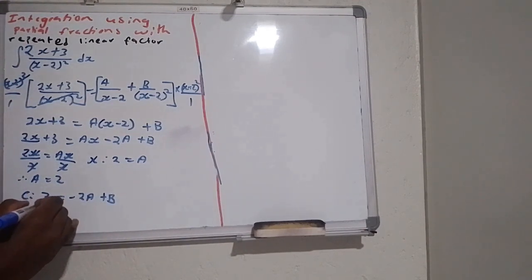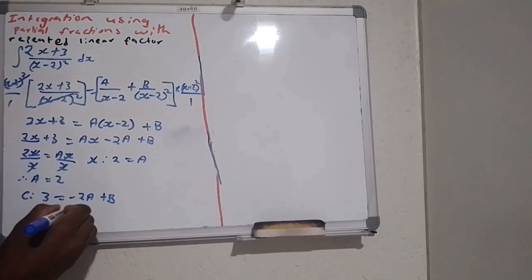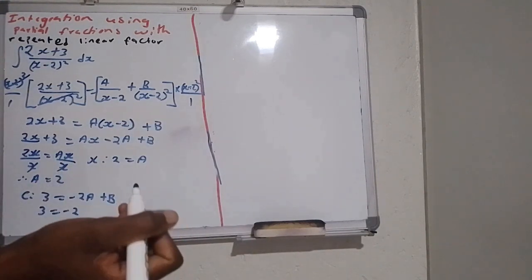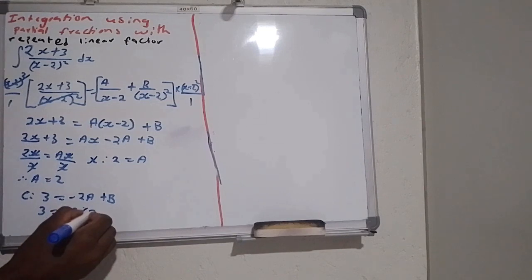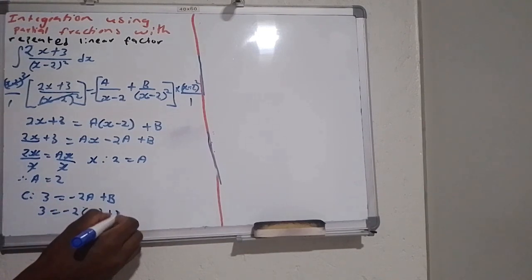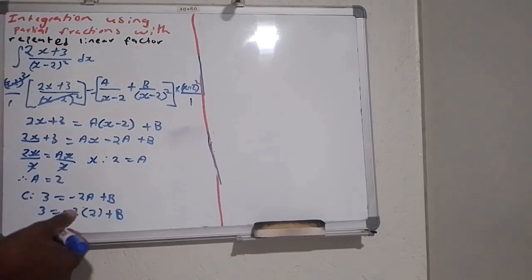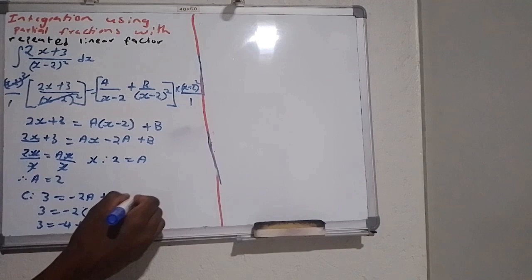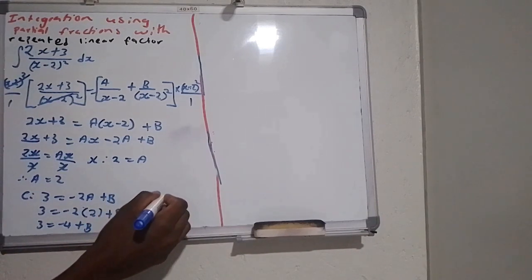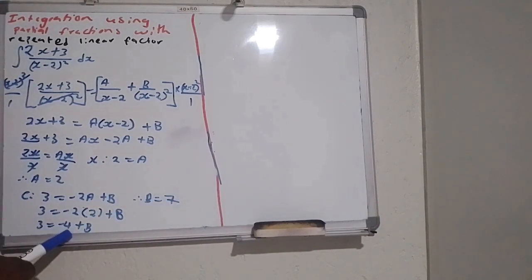So now, I have 3 equals negative 2, but I already have the value of a, which is 2, plus b. Then solve for b. This will give me 3 equals negative 4 plus b. Therefore, b is equal to 7. If I take this 4 to the other side, then add them, I get 7.